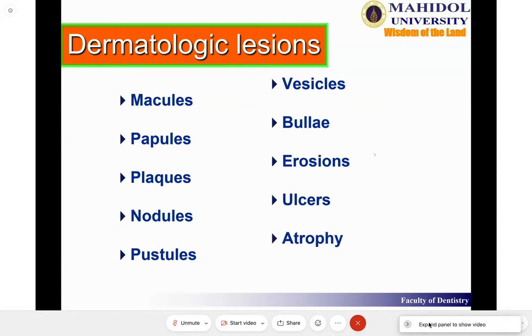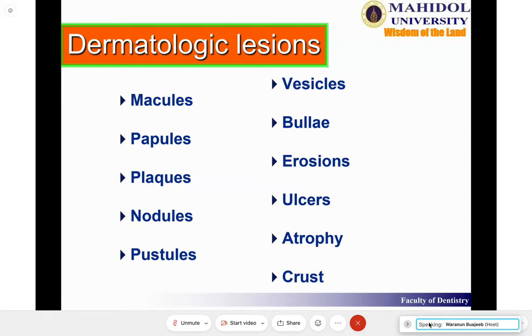And the other type is the atrophy. Atrophy means the thinning of the epithelium. So the color will be quite red compared to the surrounding tissue. And also crust. We will not see crust in the oral cavity because of the moisture by the saliva.